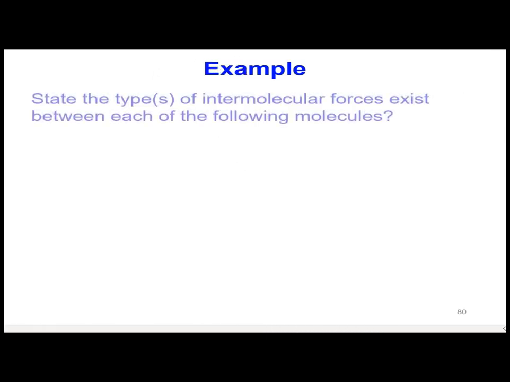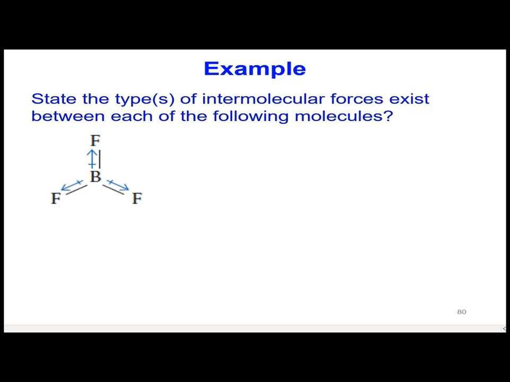State the types of intermolecular forces that exist between each of the following molecules. In 4.2, you have learned how to determine the polarity of a molecule. Okay, for the first example, the BF3 molecule. So, determine the polarity of the BF3 molecule.